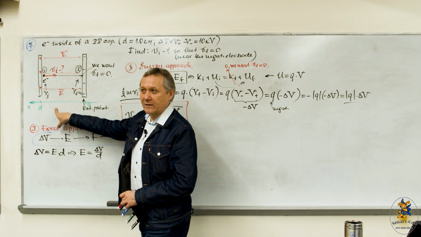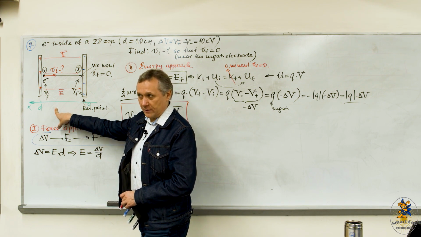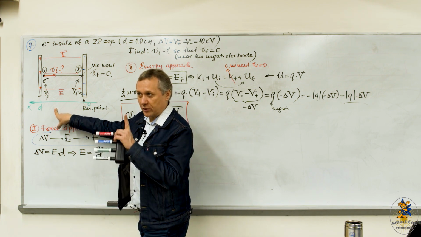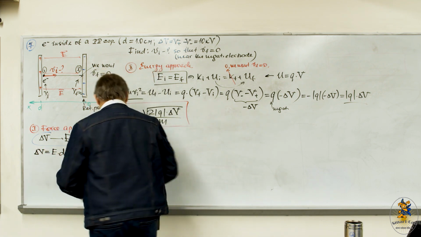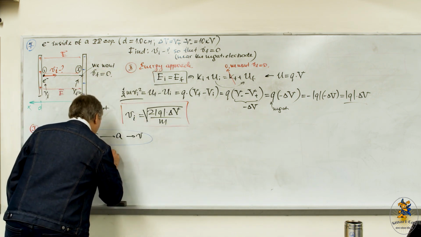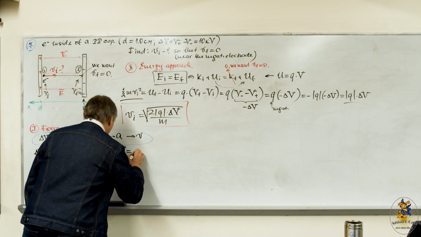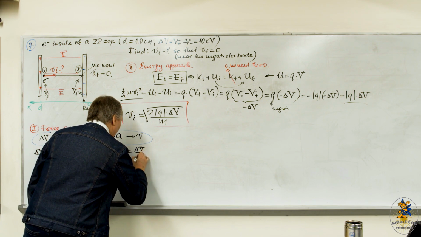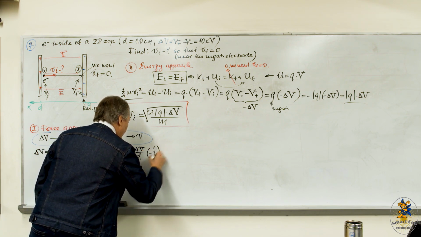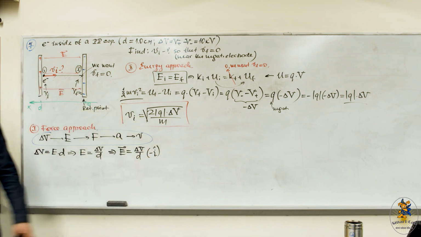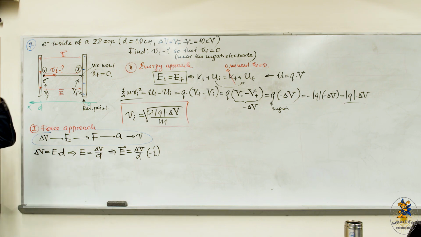So if you want to write it as a vector, of course, you need to write it as a negative one-dimensional vector. Okay, so I want to write it as a vector. So E as a vector equals delta V over D, and in the minus i hat direction. I just want to get acceleration, positive or negative, carefully, right? So without sort of guessing. Okay, so that's the expression for the electric field.